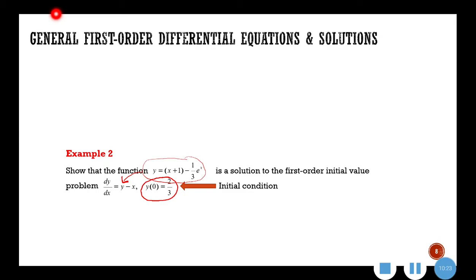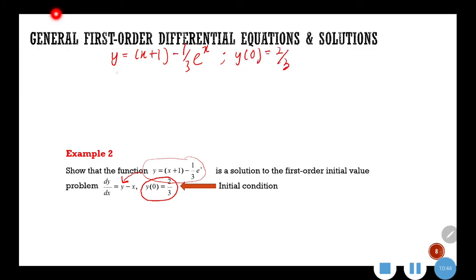Okay, if you do not believe it, we can prove it here. One of the approaches to prove it is when we have the equation y equals x plus 1 minus 1 over 3 e to the power of x. It is given to us the initial condition y0 equals 2 over 3.